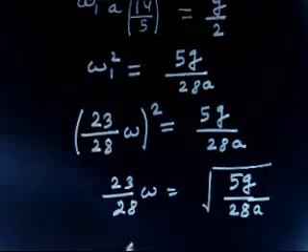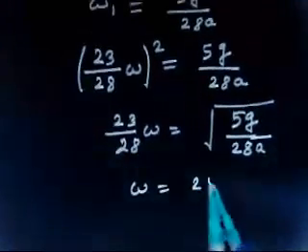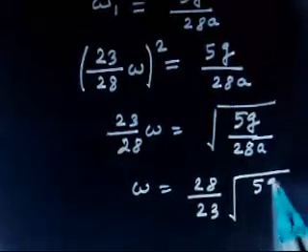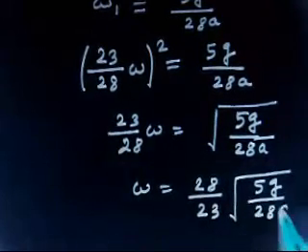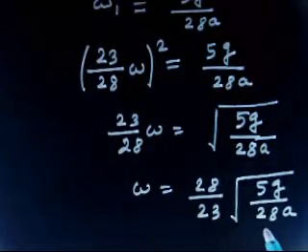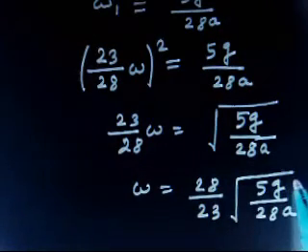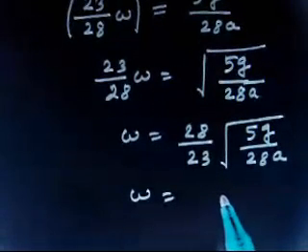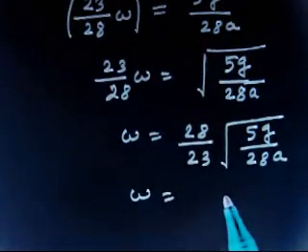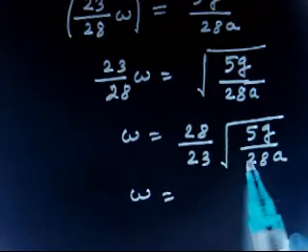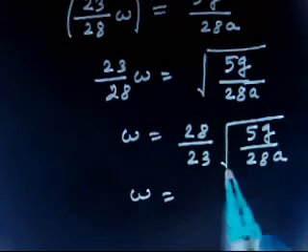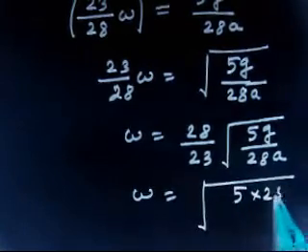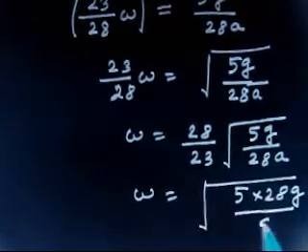Now this means omega will be 28 by 23 under root 5g by 28a. So 28 goes inside, so we will have omega equal to 28 into, you can do this calculation. So this 28 goes inside, so you will have 5 into 28 g by a.